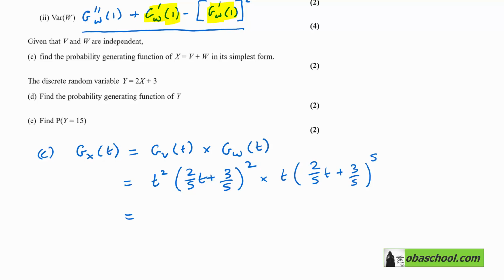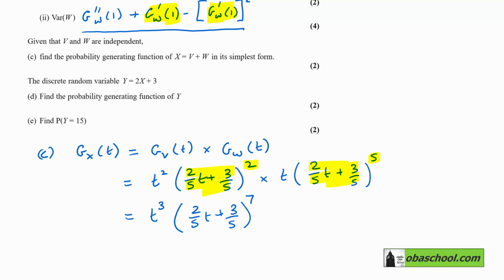So the t squared times t is going to give me t cubed. And then note that the brackets are the same. And so we can use an index law to multiply them by just adding the indices. And we get 2/5 t plus 3/5 to the power 7.